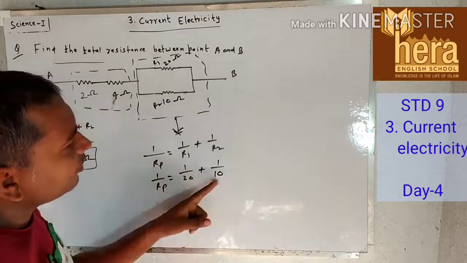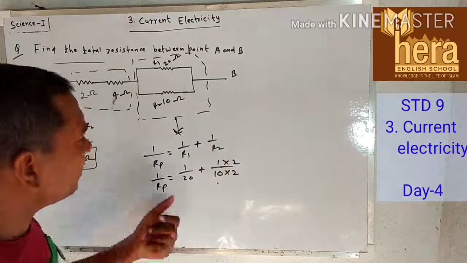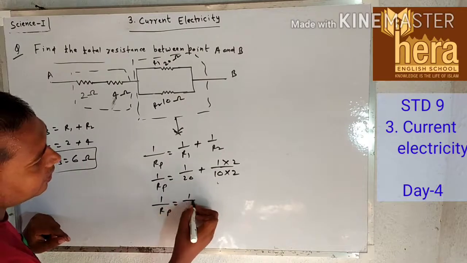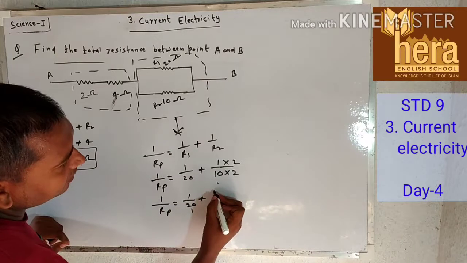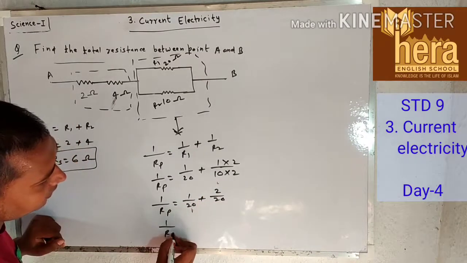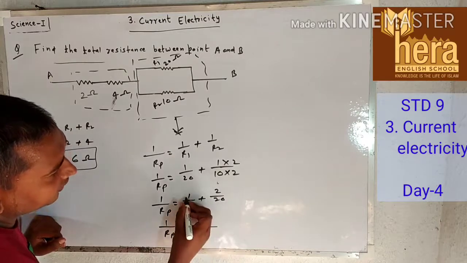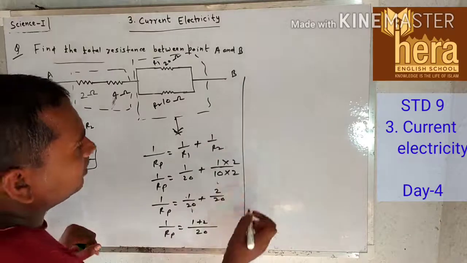Again, denominators are different, so you have to make the denominator the same. 1 upon Rp is equal to 1 upon 20 plus 2 upon 20. 1 plus 2 is 3.